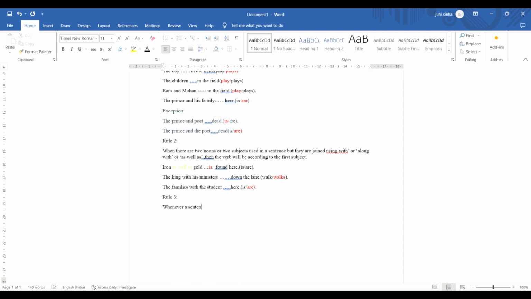Whenever a sentence starts with every, each, one, many a, then the verb is always singular.